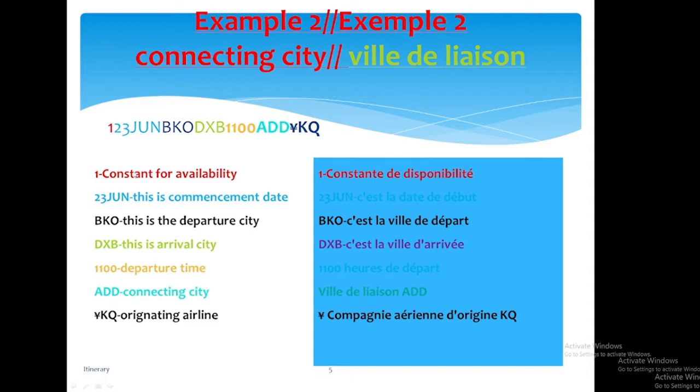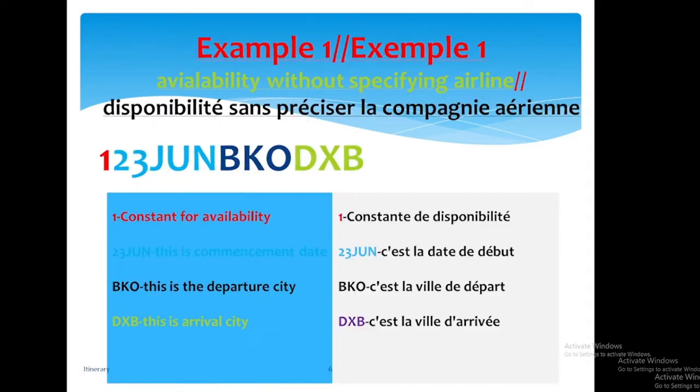Then the city you want the flight to go through, which is Addis Ababa. So this passenger is going from Bamako to Dubai, but whichever airline is used, I want it to pass through Addis Ababa. If I did not have the Cross of Lorraine, the KQ would give me just Ethiopian Airlines. You will see it when we get to the practical aspect.